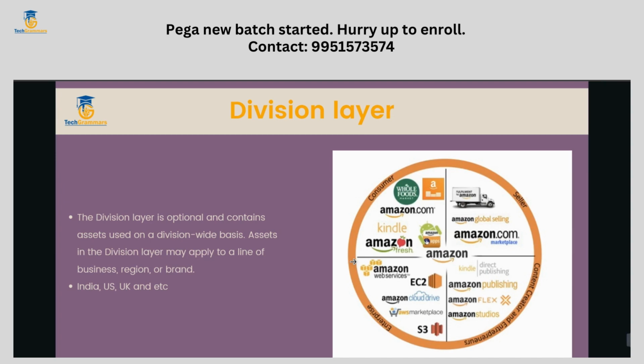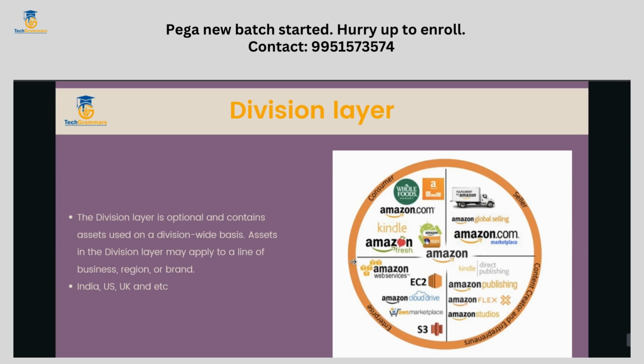If the company has divisions, it can very well use the division layer as well. If they don't have any sort of division, then there is no need. Suppose you are building an application for a startup. Obviously, you don't have any branches, so Pega identifies this situation and made it an optional case.